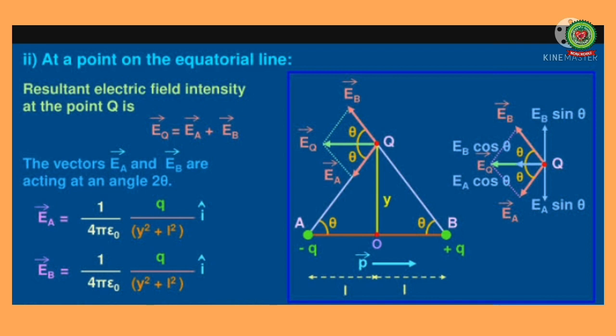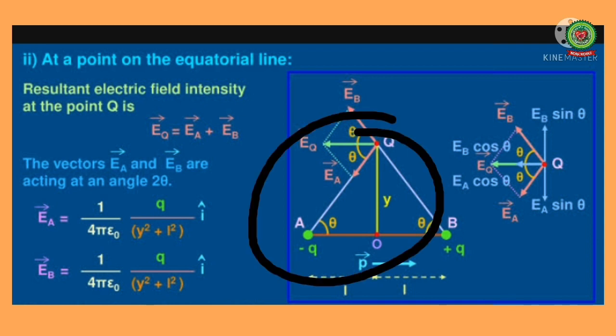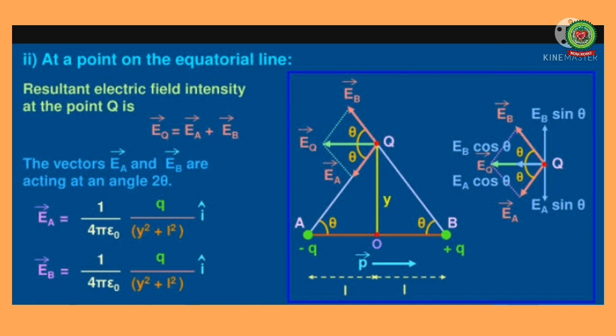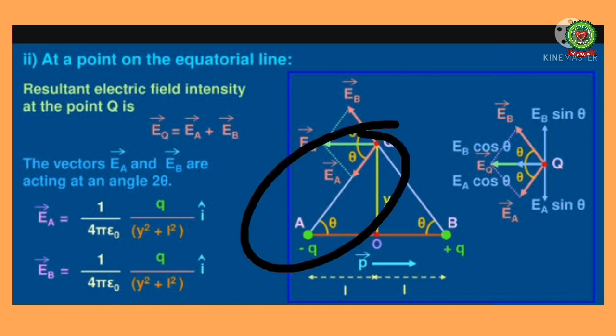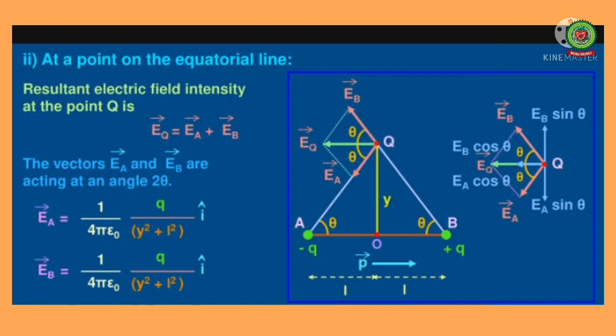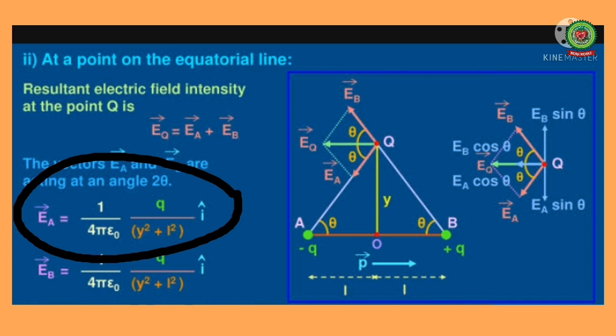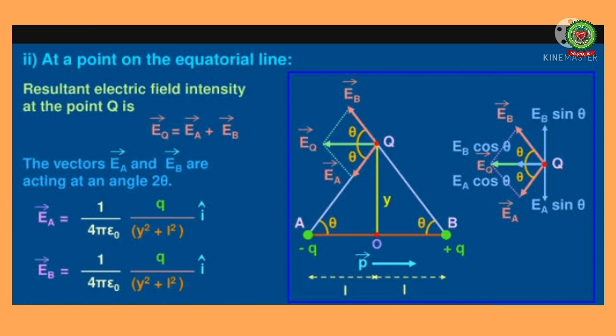Students, let's apply Pythagoras theorem in triangle AQO. So children, according to the Pythagoras theorem, AQ is equal to the square root of y square plus L square. On inserting the value of r, we will get the electric field at point A as 1 over 4 pi epsilon naught q over y square plus L square i cap.